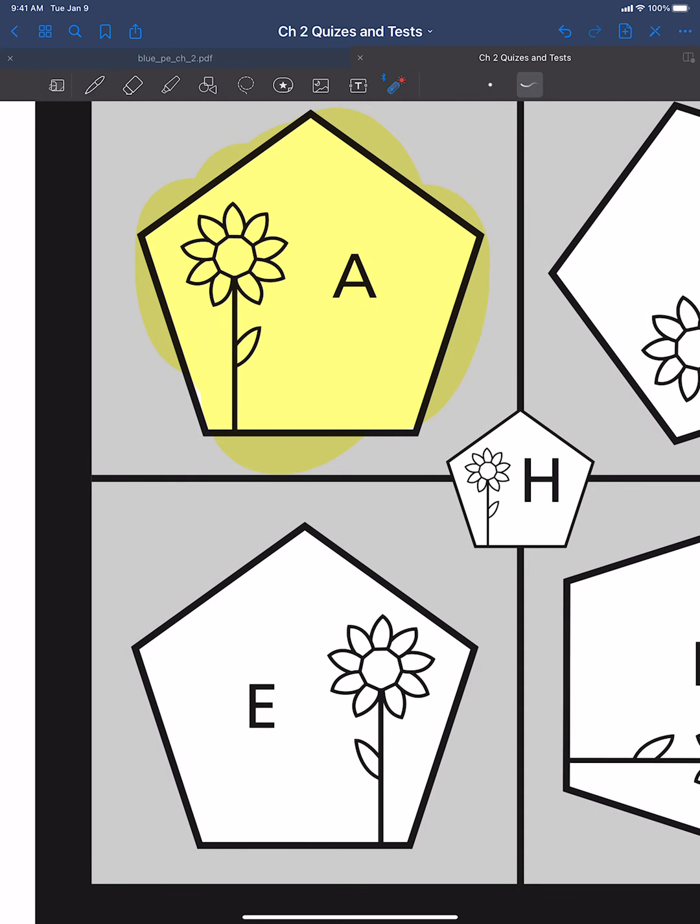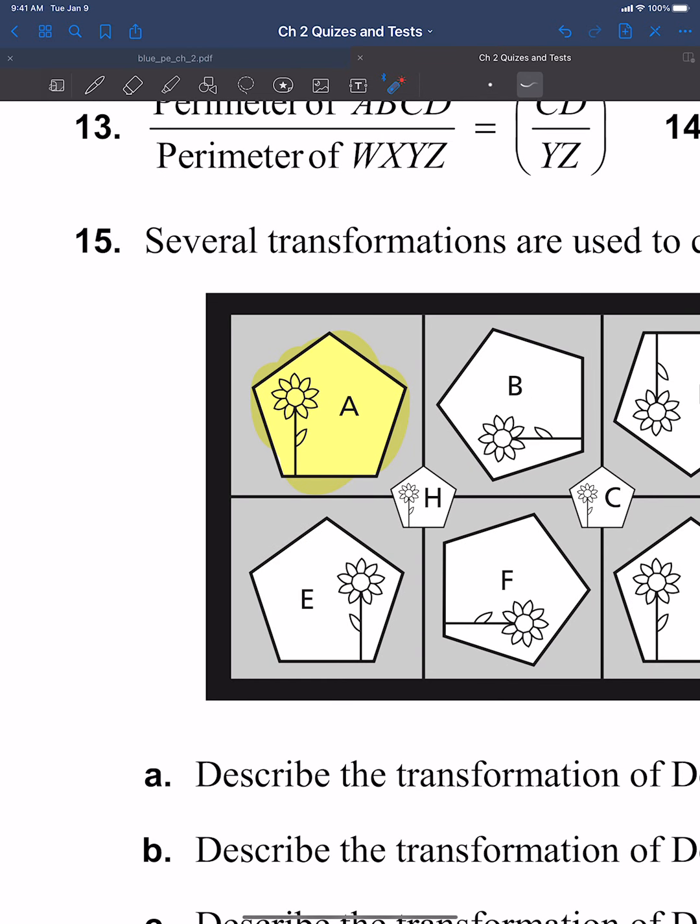For example, if I rotated A 90 degrees clockwise about the origin, let's pretend this is the origin right here and this is our coordinate plane. Do we see this? A 90-degree rotation for A would look something over here, and the flower would be up here somewhere, right? I know it's really hard to visualize. Rotations are stinky.